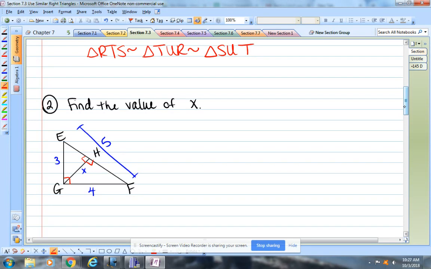And I am not going to lie. Sometimes these things can get confusing because there's a lot of information in these pictures. We've got 2 legs and a hypotenuse times 3 triangles in one picture.